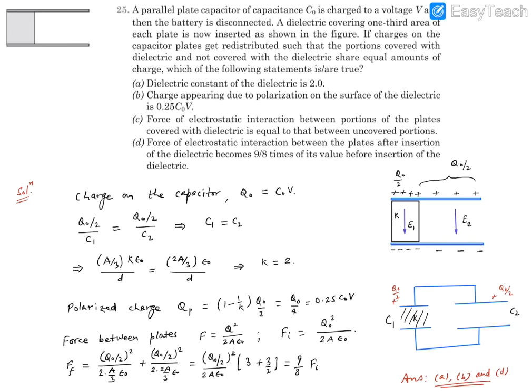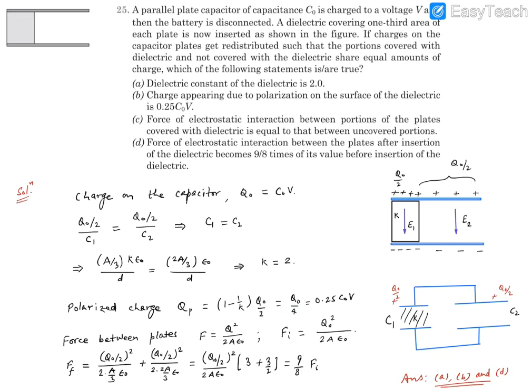Then we need to talk about the polarized charge. We know in the capacitor, the polarized charge is given as 1 minus 1 upon K into the charge on the capacitor. This is applied for C1. In C2, there will be no polarization. So the charge on C1 was Q0 by 2, and K comes out to be 2. So we can substitute: 1 by 2 into 2, that means 1 by 4.